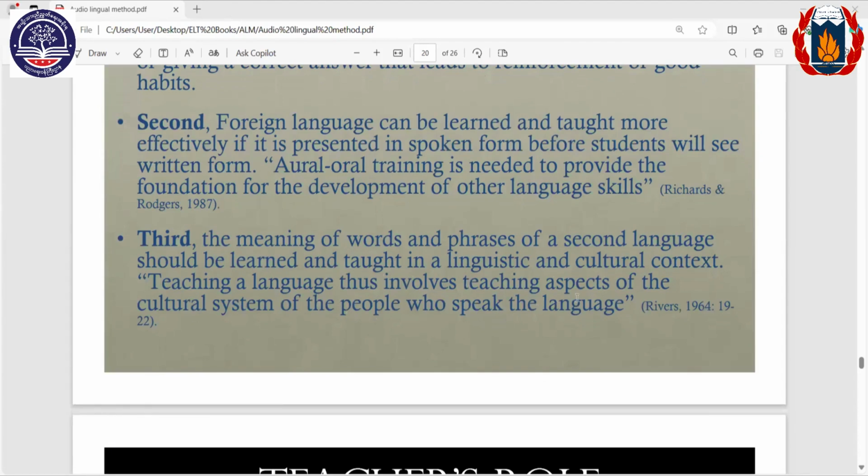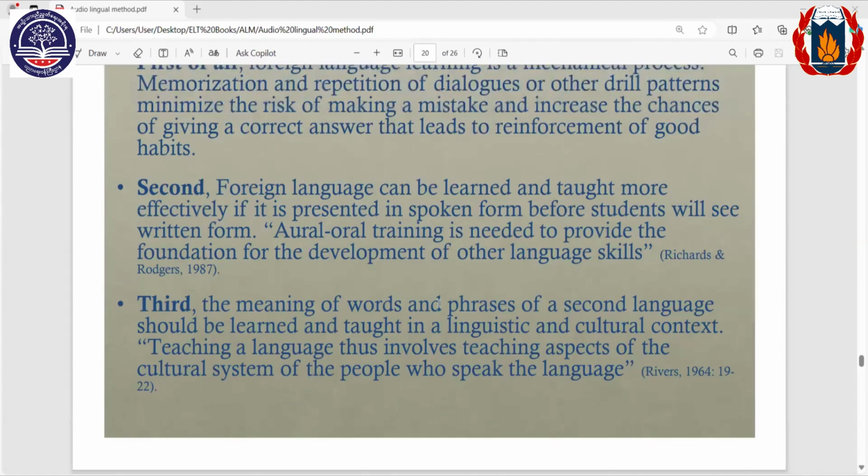The next thing is teaching aspects of the cultural system of the people, like people from Western countries, the way they greet or the way they express themselves. Teaching a language also includes teaching the culture.